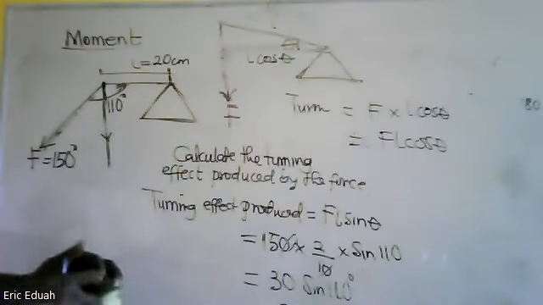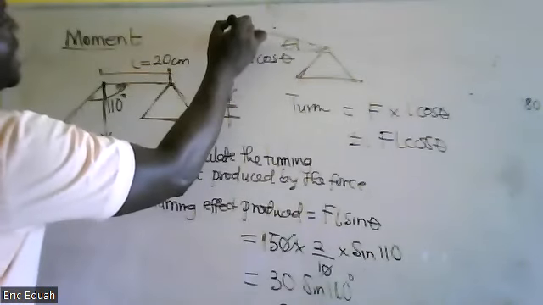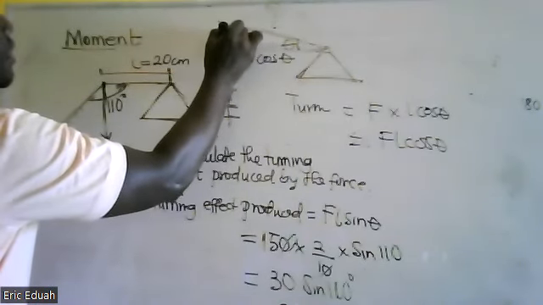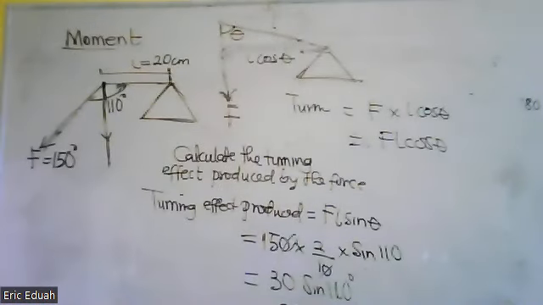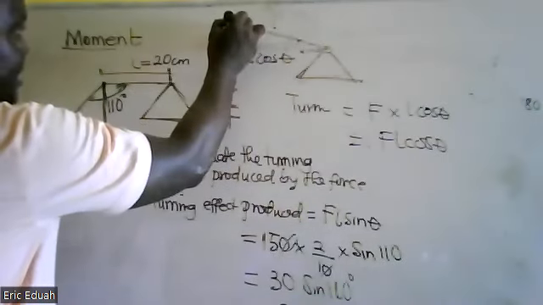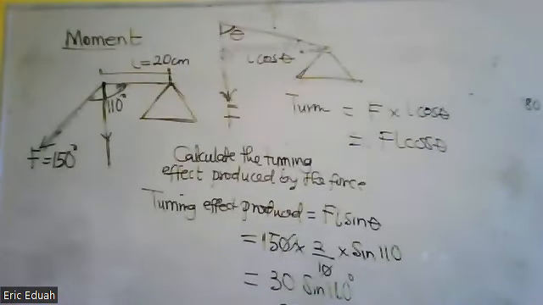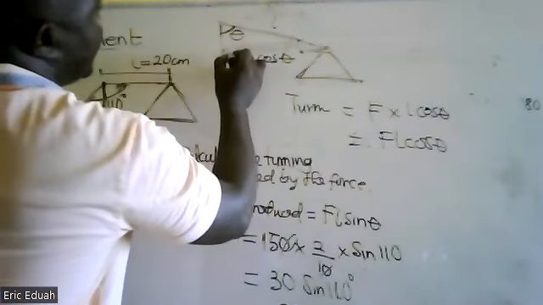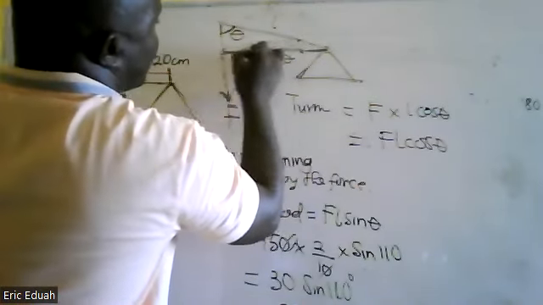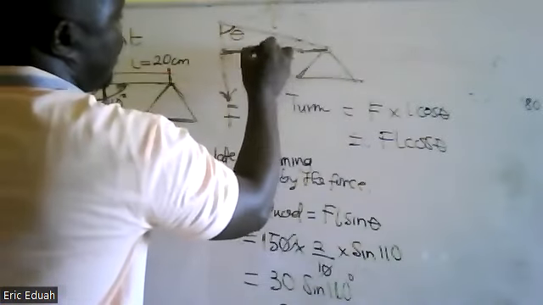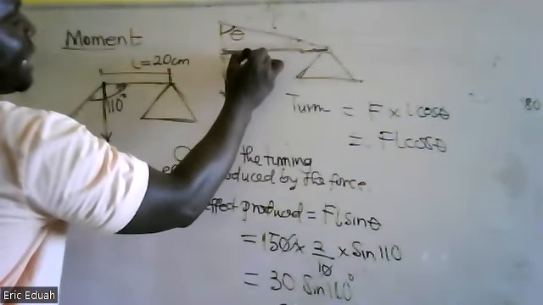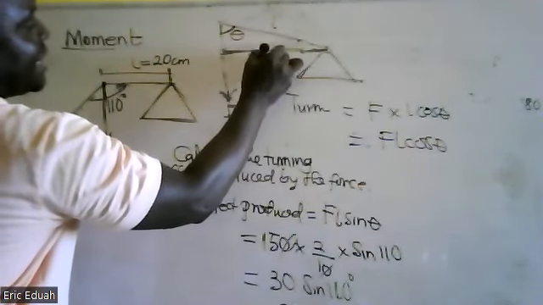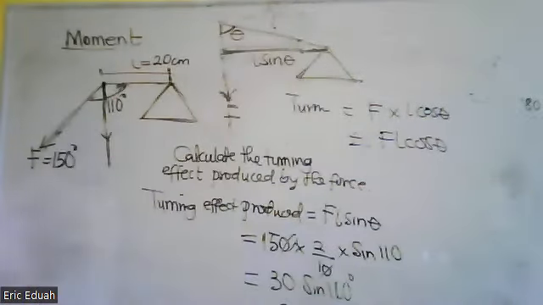And please, here too, sometimes they can give you this angle. Instead of this, they can close this and then give you this. If it's about this angle, then this will be a component of L that will be perpendicular. But if you are using this angle, then this part becomes L sine theta.